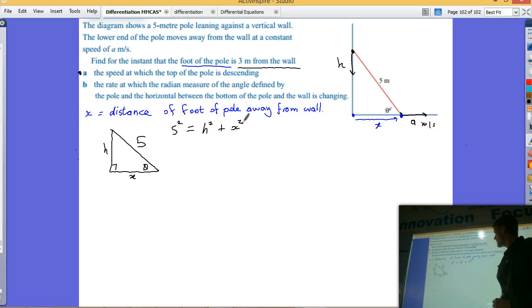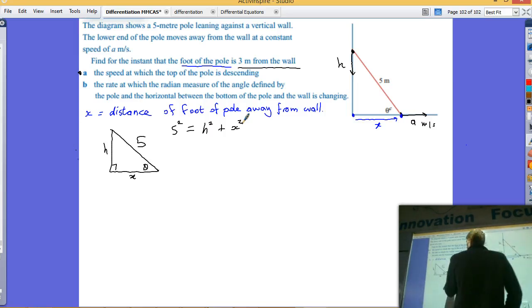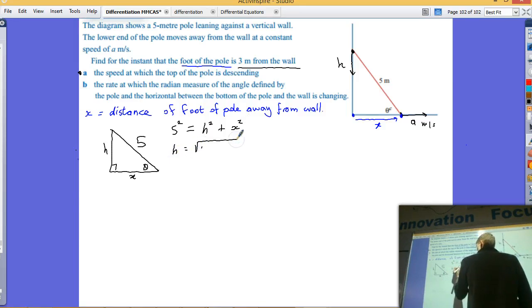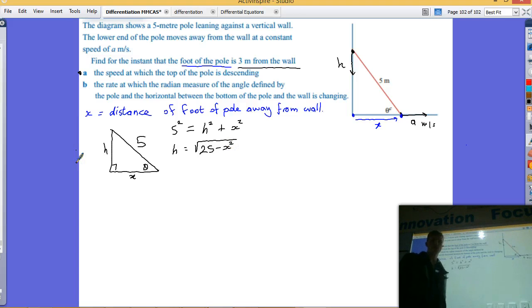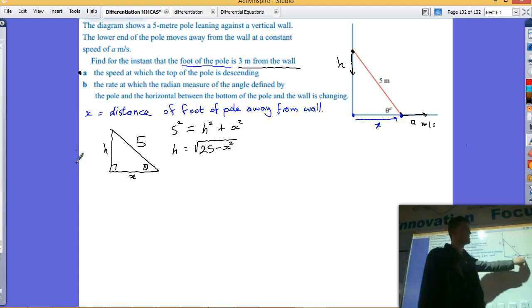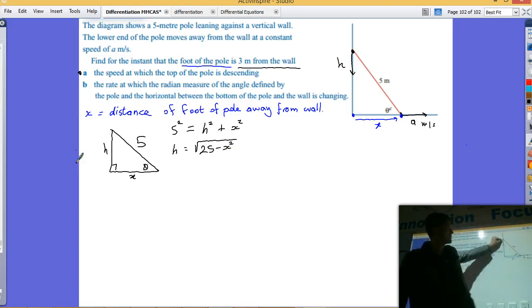Okay. Now, transposing that, my height will then be the square root of 5 squared, which is 25, minus x squared. Okay, and I've got a relationship now. As x increases, I've got a rule that's going to work out the corresponding height that the pole is up the wall.